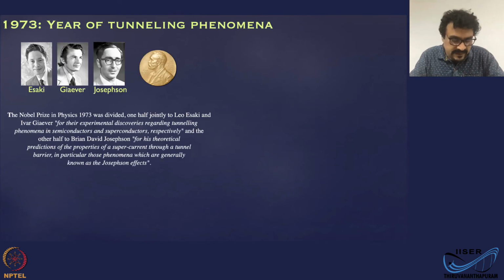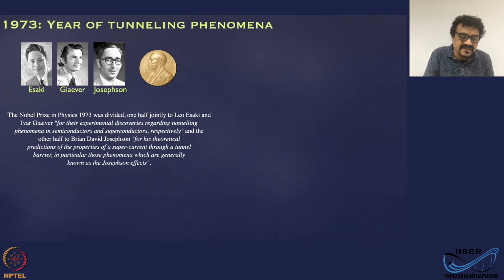So this set of phenomena, where the tunneling of Cooper pairs happens between two superconductors which are connected by a weak link or a tunnel junction or insulating layer, is called the Josephson effect.